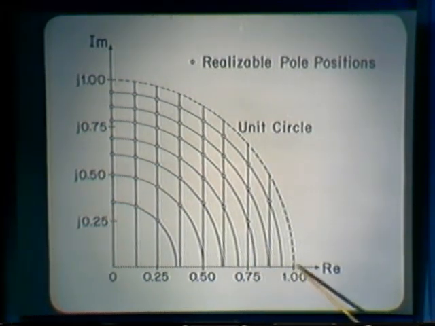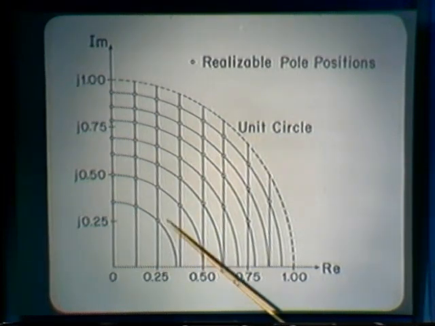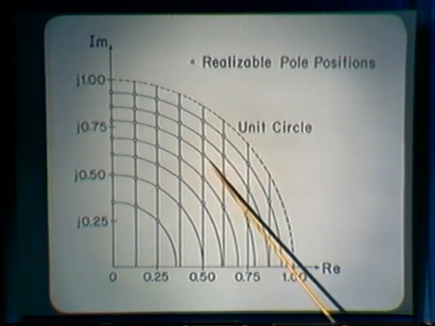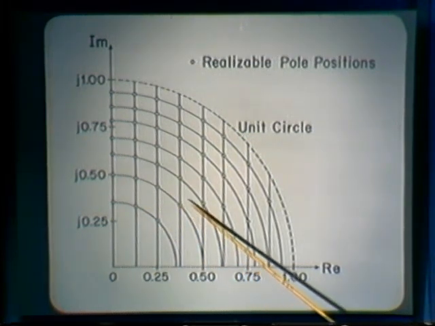Recall that r cosine theta is just the real part of the pole location. And quantization of the parameter r squared corresponds to the requirement that the poles must lie along circles which are spaced according to the quantization of r squared. So the realizable pole positions with a second-order section in the form that I indicated on the previous slide are given by the constellation, or by the intersection of the grid points, that we have shown here.